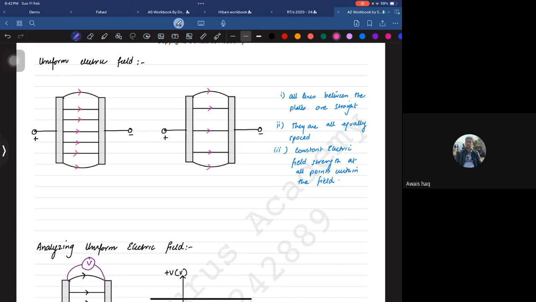Now, we need to understand a few more things about it. So let's write a note here. The field lines always enter and exit the surface at 90 degrees.